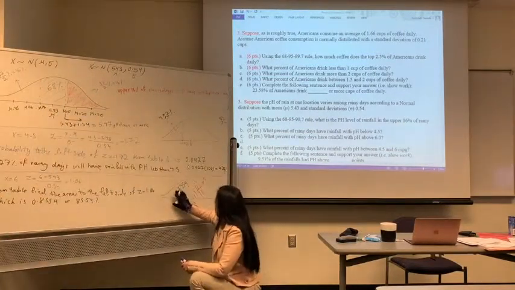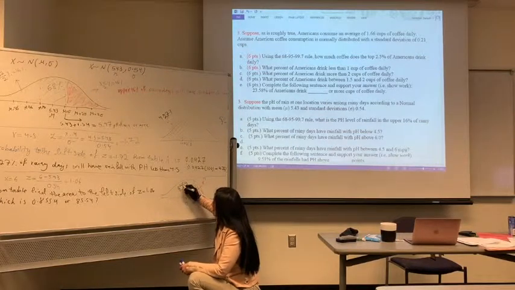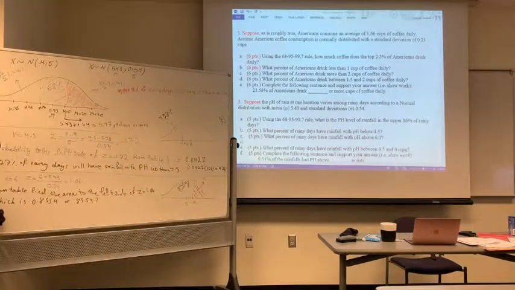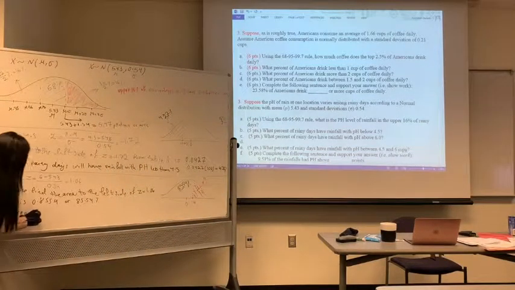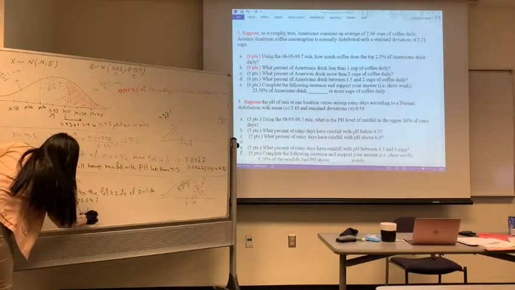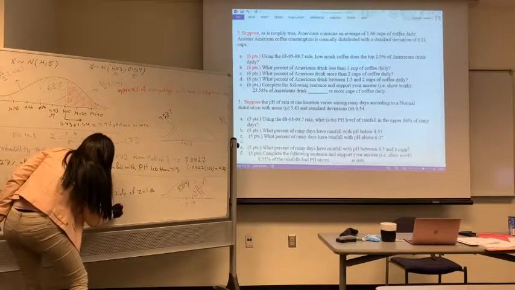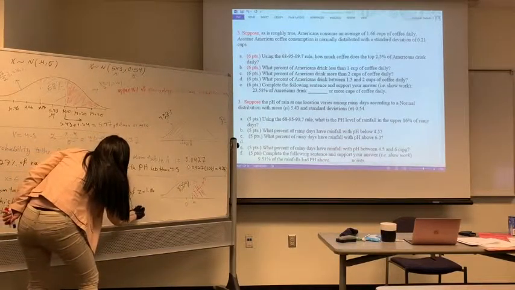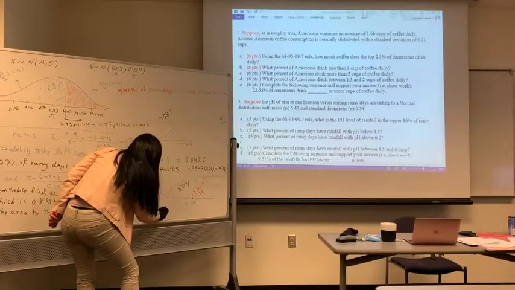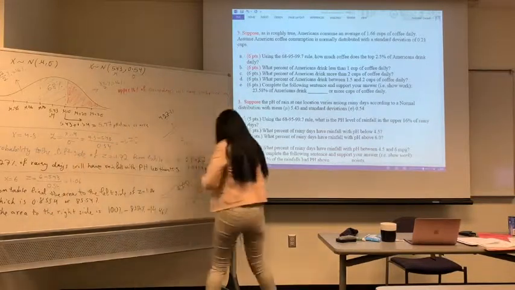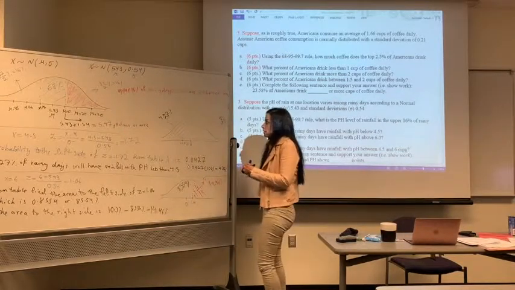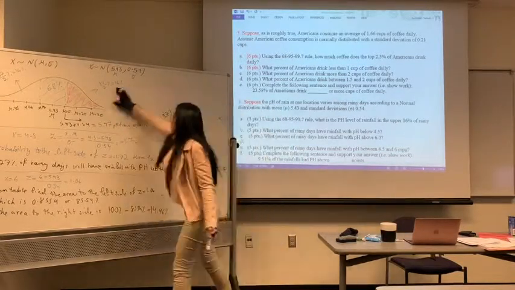So here also I could write down 85.54%. So the area to the right side is 100% minus 85.54, which is 14.46. So the answer is 14.46%, correct?